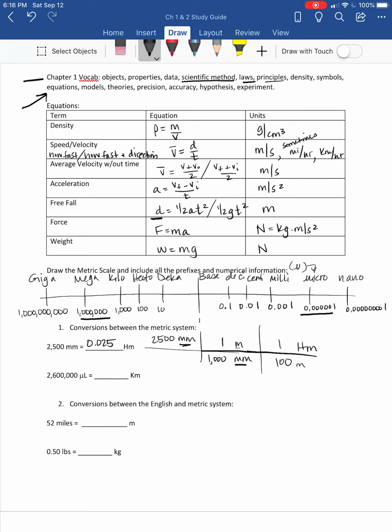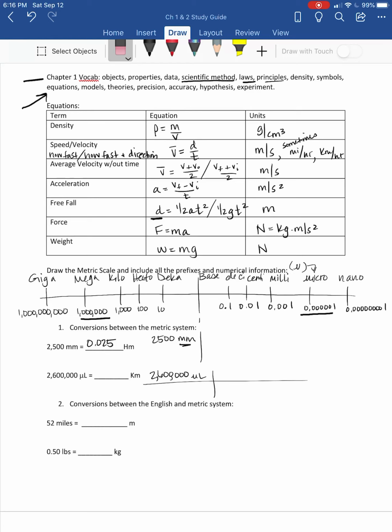Okay. All right, so now try to do this next one on your own. We've got 2,600,000 microliters. Do your tracks. And I'm going to erase this one a little bit.